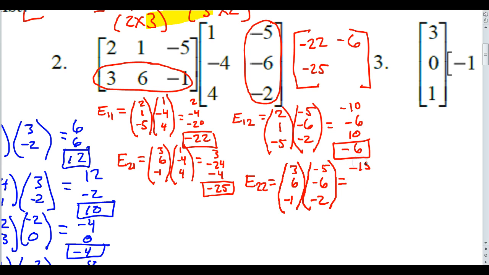I get negative 15, negative 36, and positive 2.